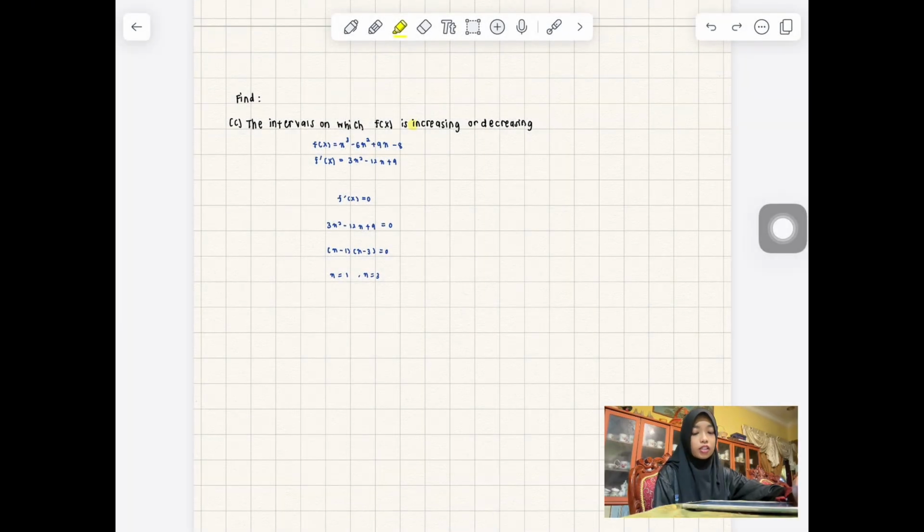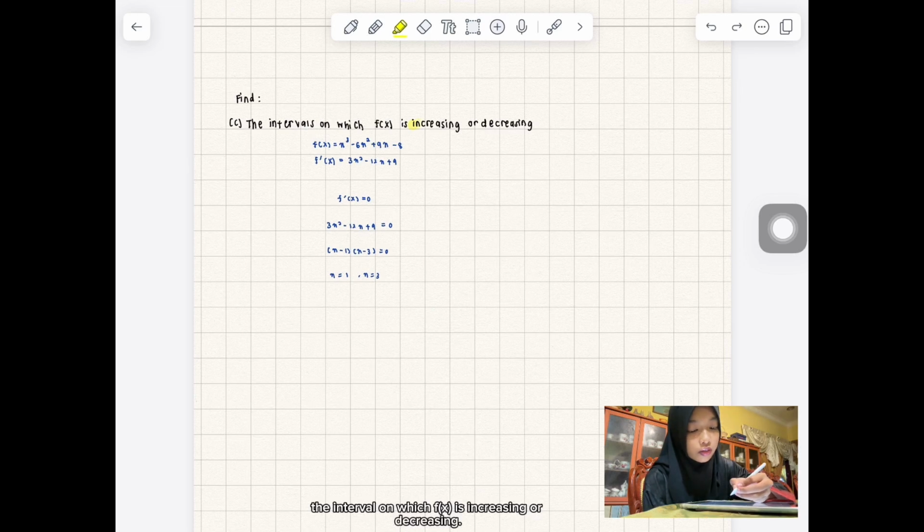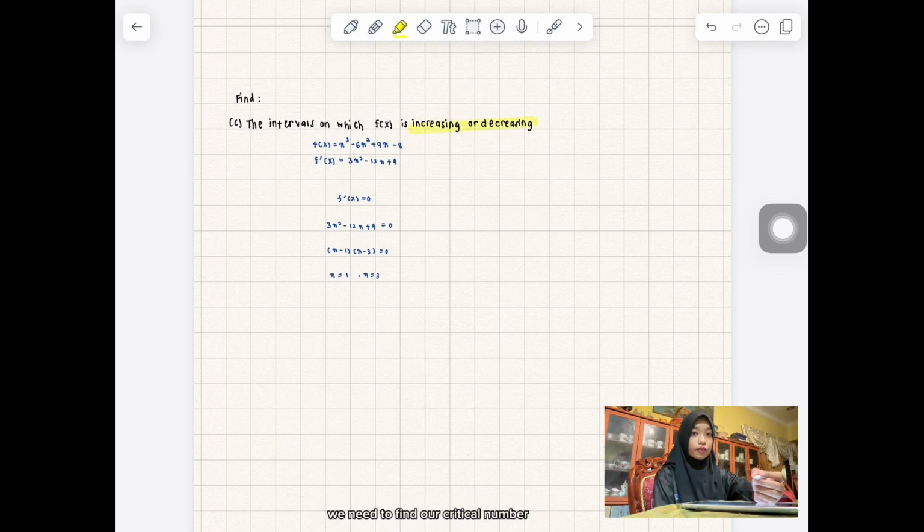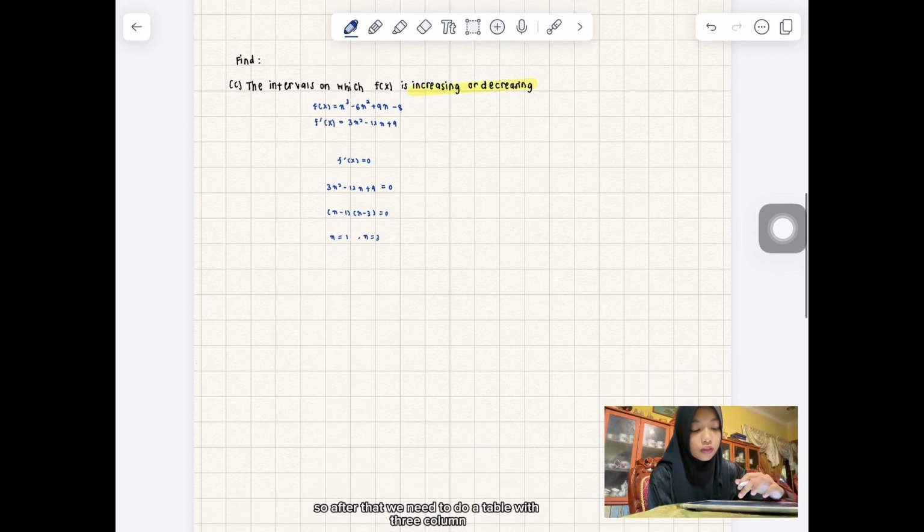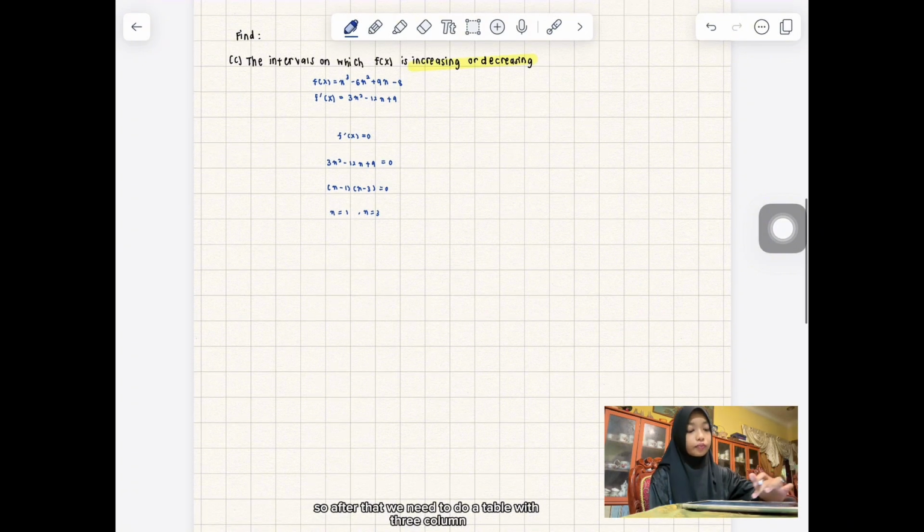For the third question, we need to find the intervals on which f(x) is increasing or decreasing. To solve this question, we need our critical numbers, and we already found them in question 1: x equal to 1 and x equal to 3. After that, we need to make a table with 3 columns.